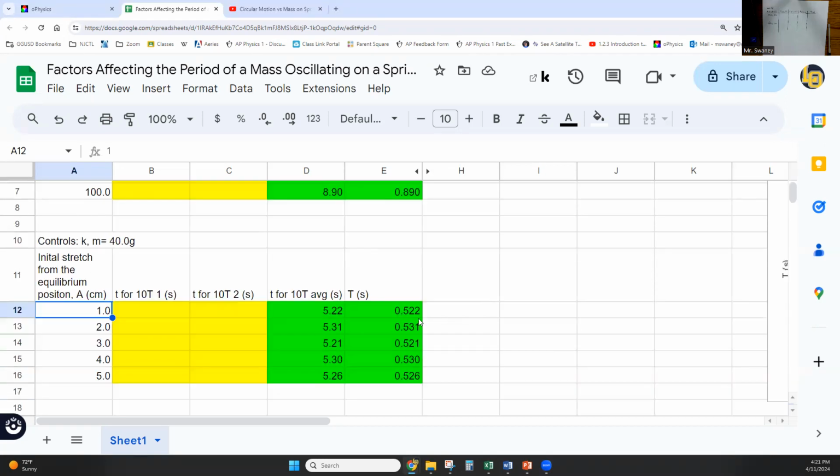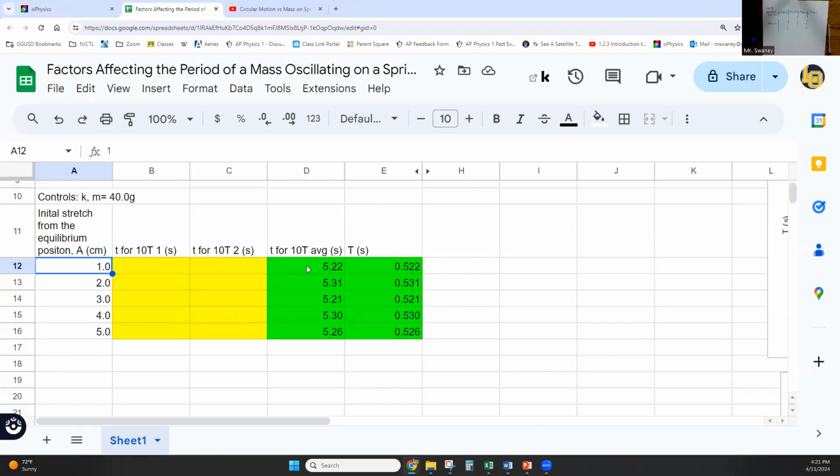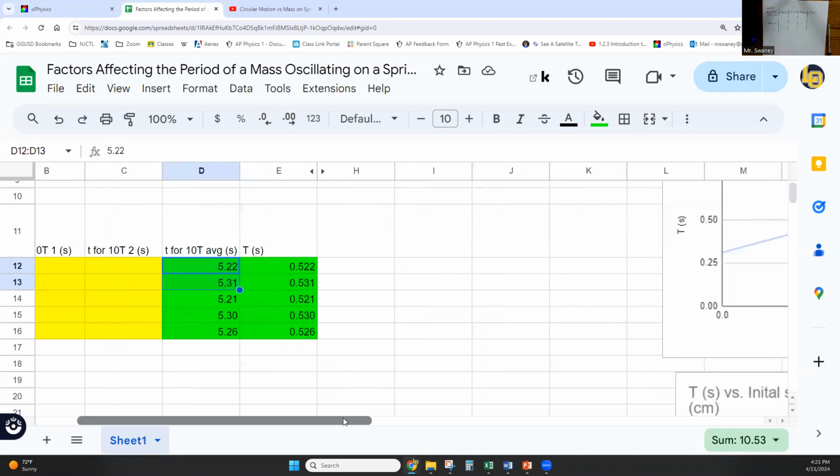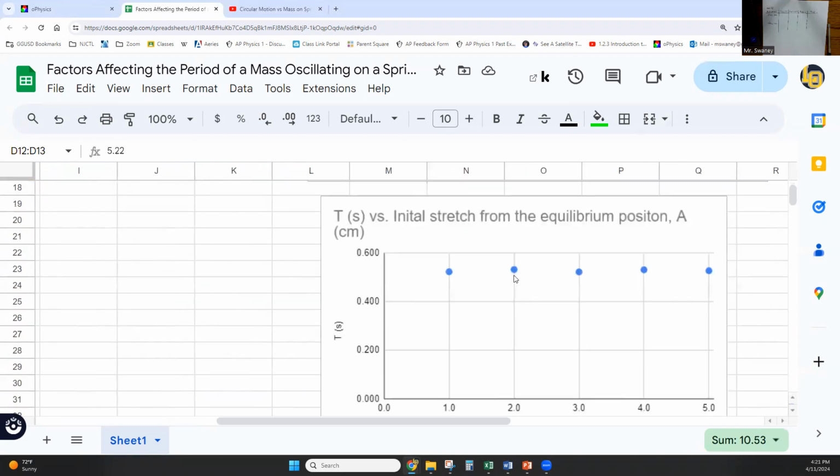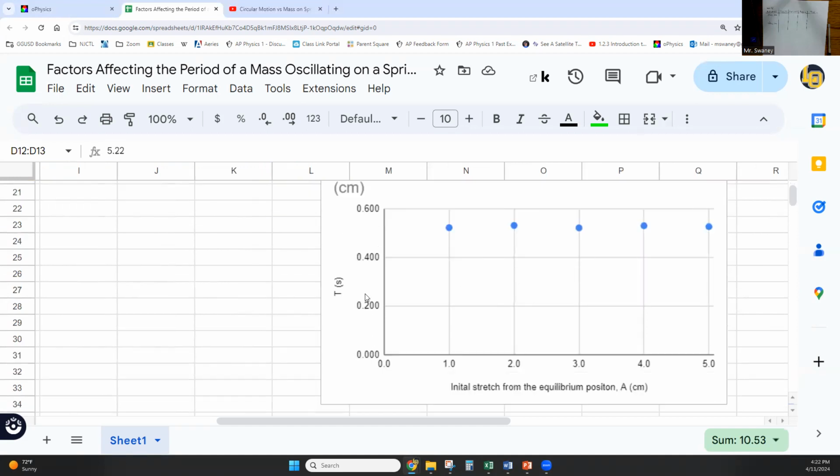Okay, if you come back here, this is data that's representative of changing the amplitude. Okay, so look what happens when we change the amplitude. When we double the amplitude, like here to here, what happens to the period? Well, if you look at the graph, it looks like this.